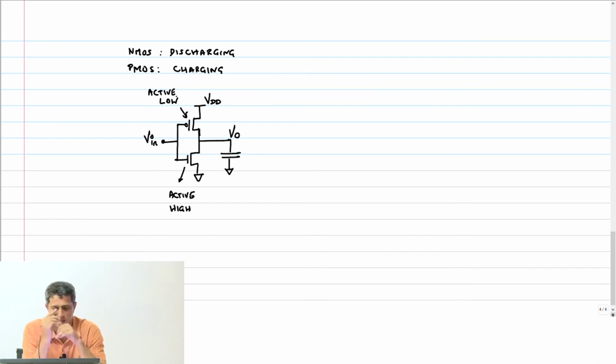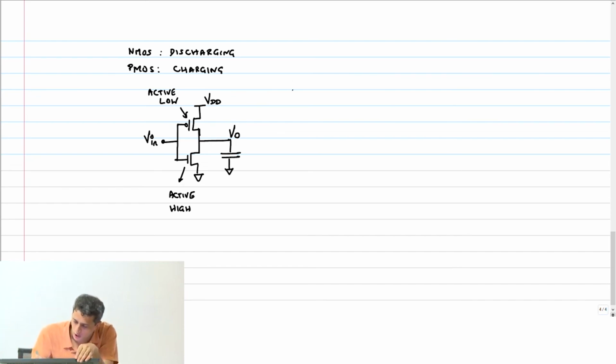Okay, because I have to put an active high element in the discharge path and an active low element in the charging path, the CMOS gates are always inverting in nature, right? Because when this turns high, the output will discharge. The input to the NMOS goes high, the NMOS discharges the capacitor, which means if the input goes high, the output will fall, and vice versa.